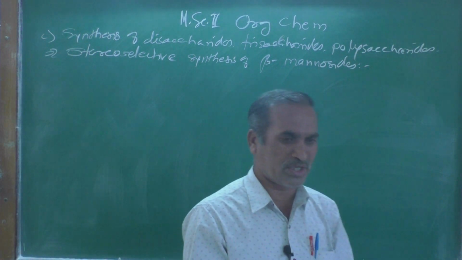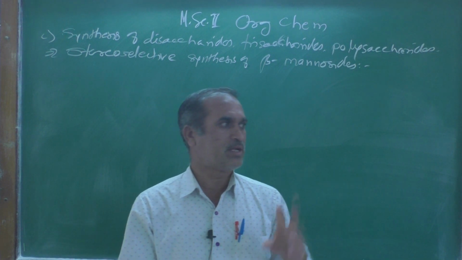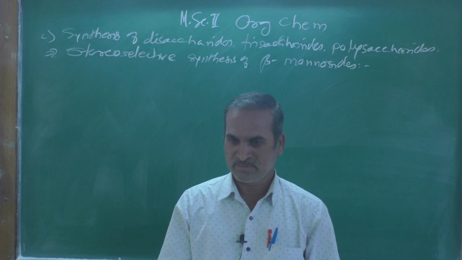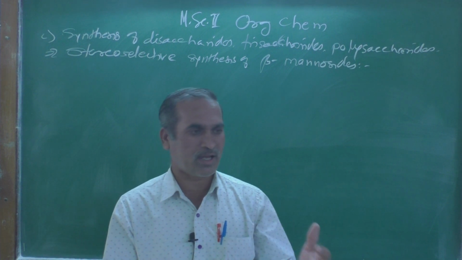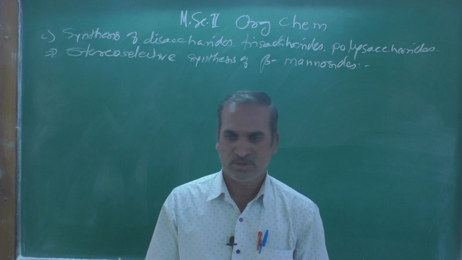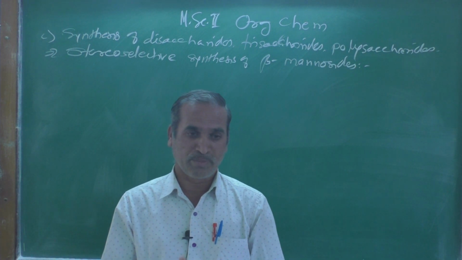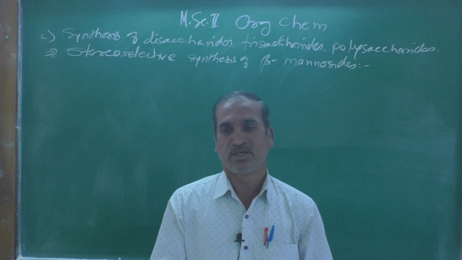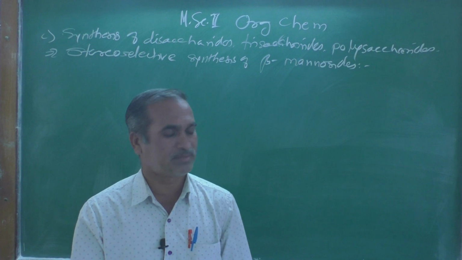A little bit of introduction regarding disaccharides. There are 3 commonly observed, well-known disaccharides: sucrose, maltose and lactose. If you remember, these are the 3 commonly naturally occurring disaccharides.